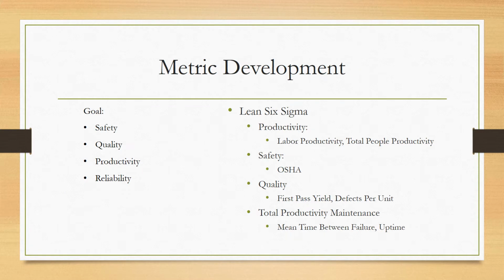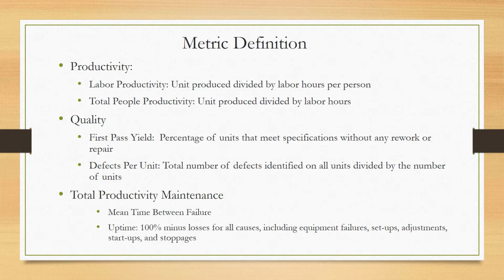Before we discuss our problems and solutions, we first look into the metric development. Our goals for the quality of our assembly line are safety, quality, productivity, and reliability. We focus on those 4 points based on Lean Six Sigma. And here are some of the metrics from Lean Six Sigma and their definitions.